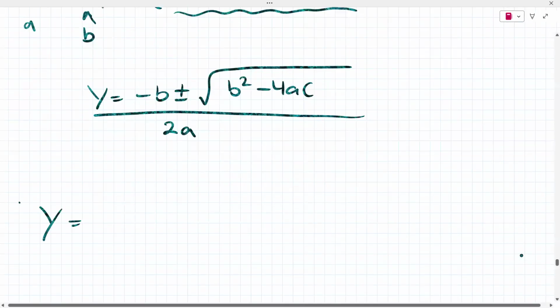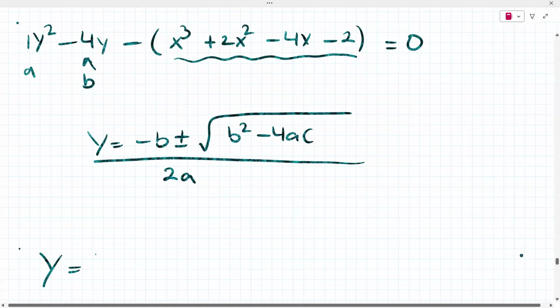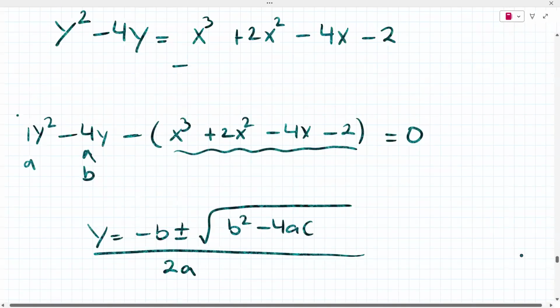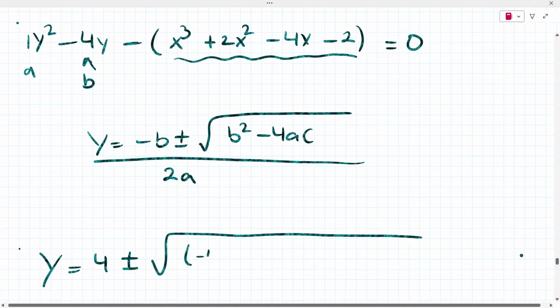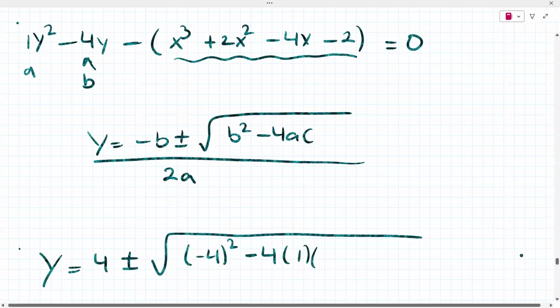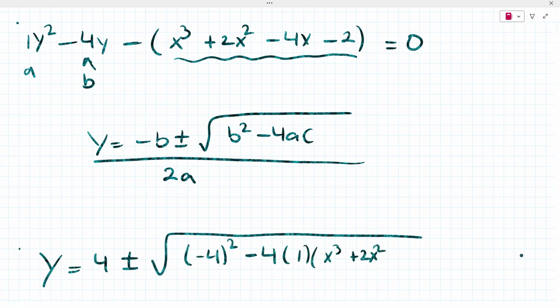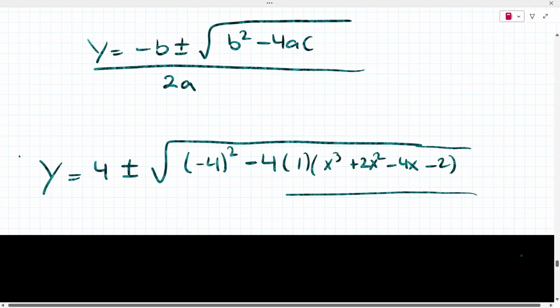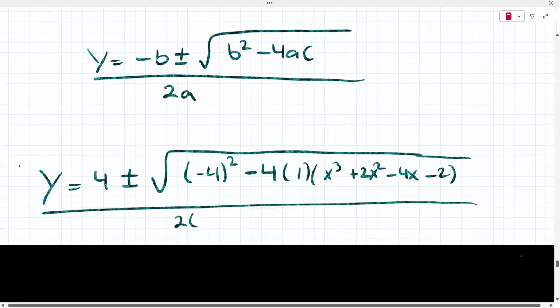So that's y equals opposite of b, which is +4, plus or minus root b squared, our b is -4, so it's -4 squared minus 4 times a, which is 1, and our c is x cubed plus 2x squared minus 4x minus 2, all over 2 times a, which is 1.